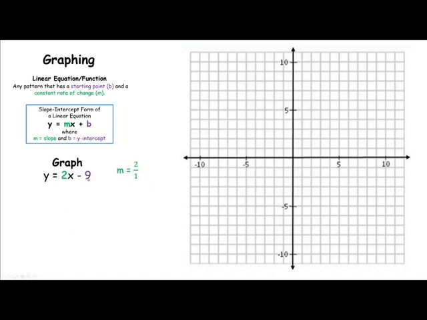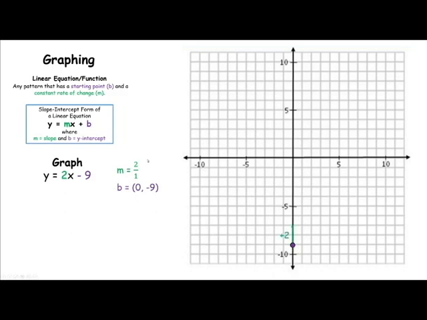And this -9 in purple over here indicates where we should begin from. Notice I've given it the coordinate (0, -9), which indicates that I'm going to start at -9 on the y-axis. So we begin with our y-intercept, our starting point, and we begin to repeat this slope pattern.